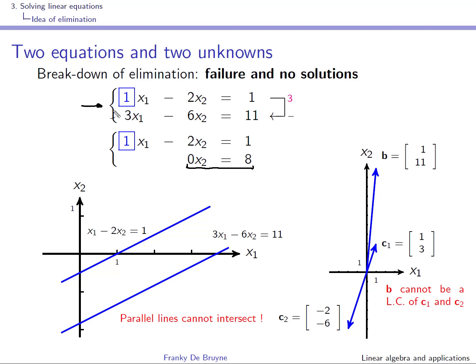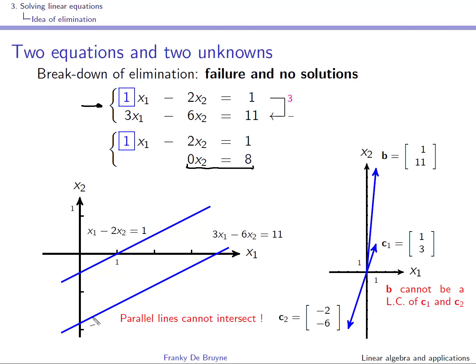It says that you have 2 hyperplanes that should intersect in order to have solutions. And here in R2 the hyperplanes are simply 2 lines. The 2 lines corresponding to these 2 equations are shown over here, and you see that they are parallel lines, and of course they cannot intersect, and this is why there is no solution.